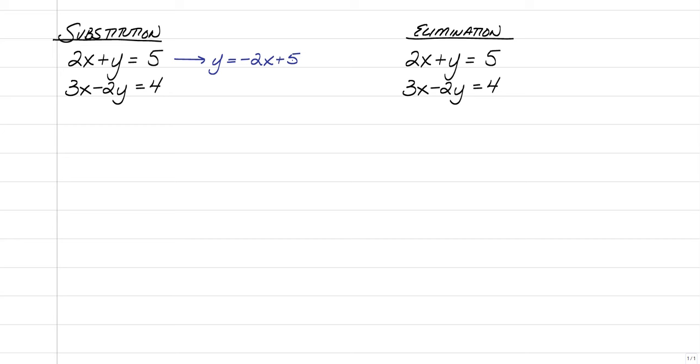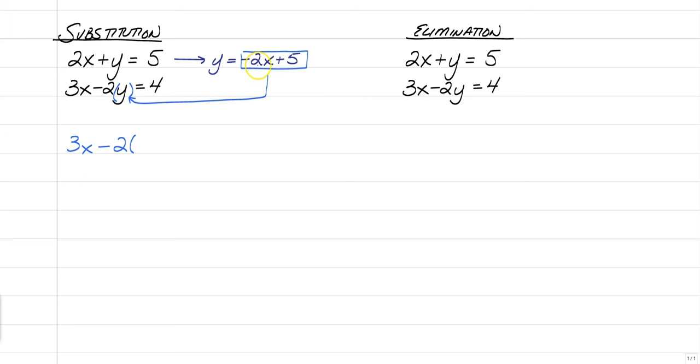After you get that variable by itself, what you need to do is substitute what y equals into the y of the other equation. Okay, so you don't write the y again. What you're trying to do is get rid of one of your two variables. So then we just substitute it in. So 3x minus 2, and as soon as your y comes up, you want to open up some parentheses and write this expression for y.